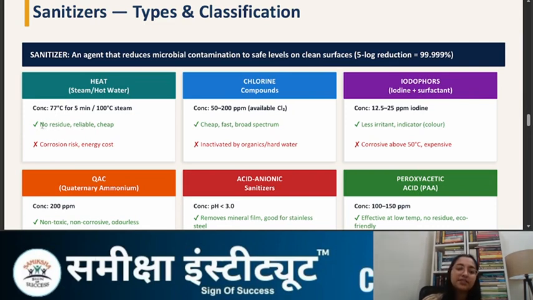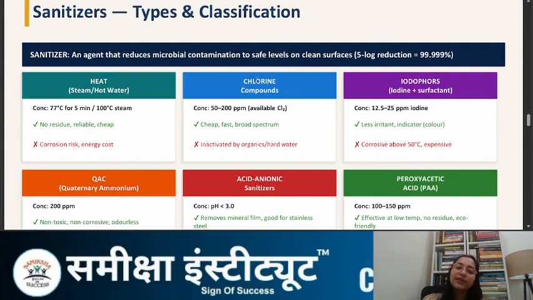These are the advantages, because it does not leave any residue. It is reliable, very cheap, an economical, cost effective method. But sometimes it leads to corrosion, because it will corrode our equipment. It will also lead to energy cost, because we need to use direct steam. So sometimes energy cost will be incurred.